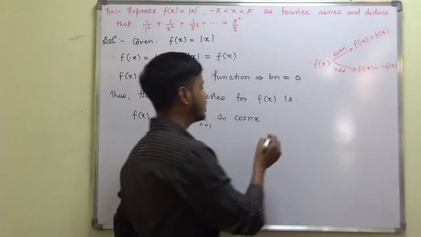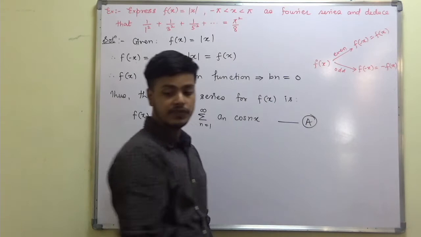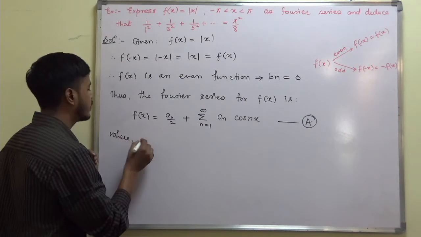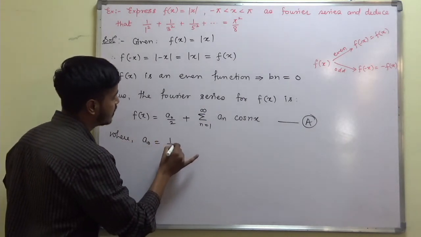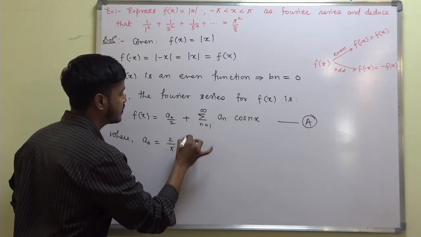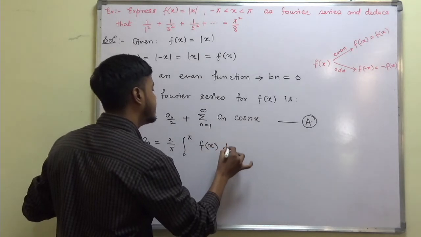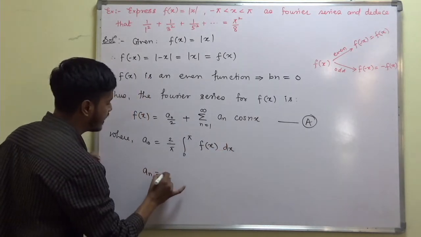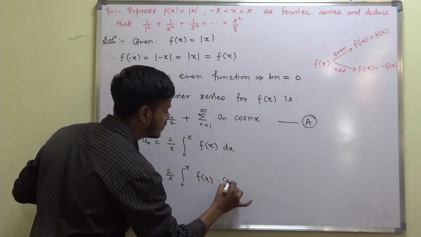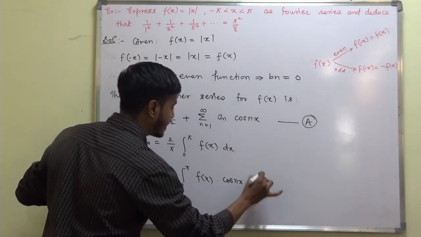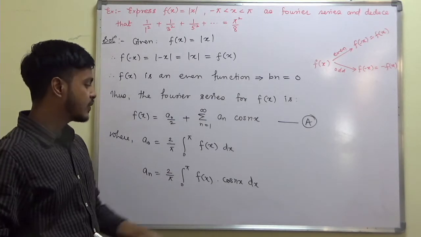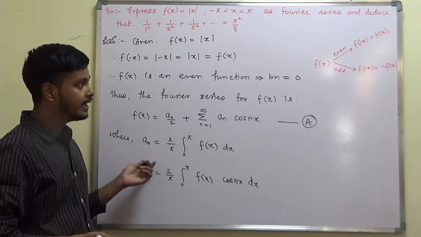Now we just have to find the coefficients a0 and an, where a0 is 2 by pi integration 0 to pi f of x dx, and an is 2 by pi integration 0 to pi f of x into cos nx dx. So let us find a0 and an.